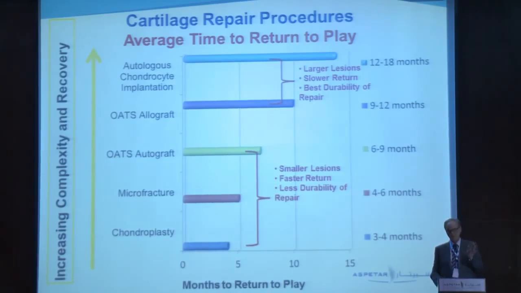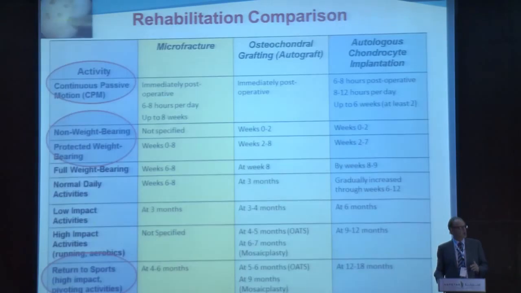It can vary from the 4 to 6 month range, even less than that for chondroplasty, 4 to 6 months for microfracture and oats autograft, and then go up to 12 and 18 months for ACI. However, the cellular repairs, ACI, oats allografts, they give the best durability. So if you want to just get a quick bang for your buck, return for a season or two, microfracture will be fine for the average size defect, but from a longevity standpoint, the durability is what we really need.